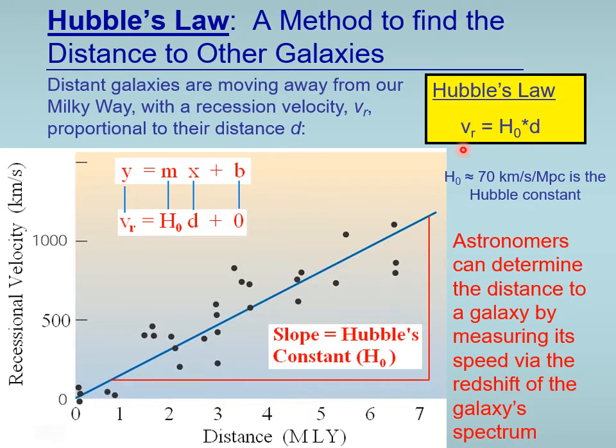And so by working backwards, by measuring v, astronomers can figure out d, the distance to the galaxy. And the Hubble constant, by the way, we'll mention again in the next chapter on cosmology. The current value is around 70, and it has some weird units here, kilometers per second per megaparsec.